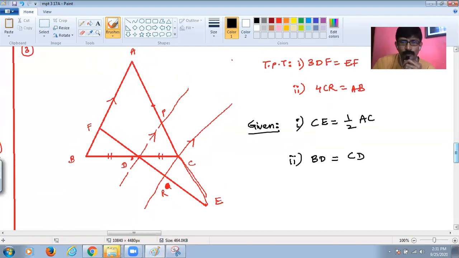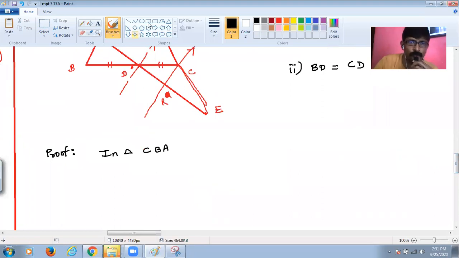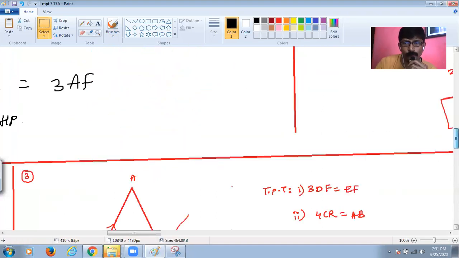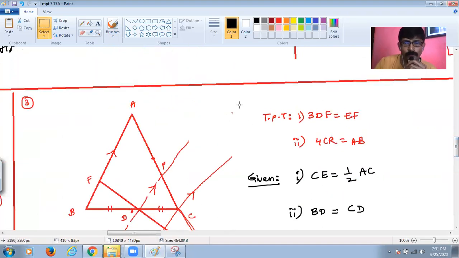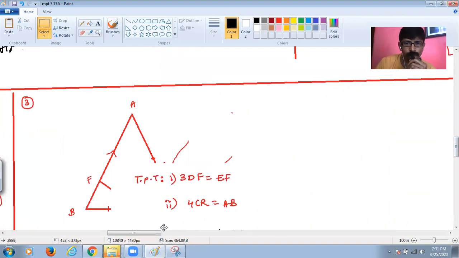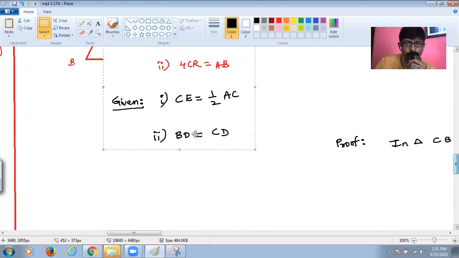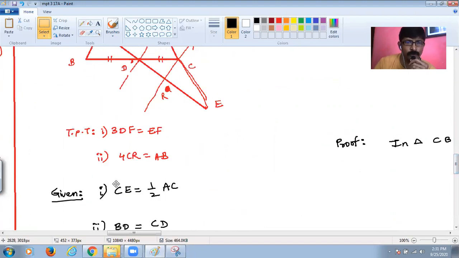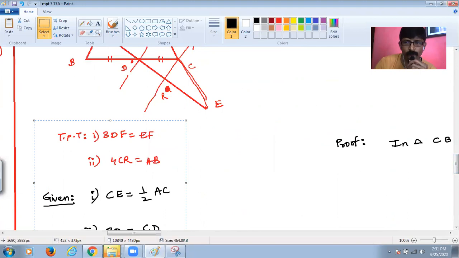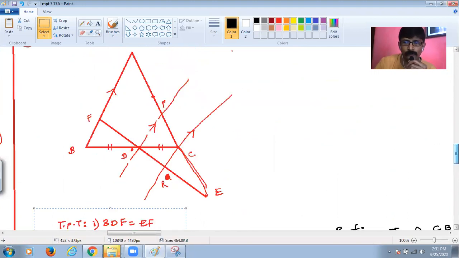Or else I can do one small arrangement. Give me just 1 minute. Whatever is on this side, I'll just take it to the other side. Okay, so the diagram visibility would be better. So we're writing the proof right now, isn't it?